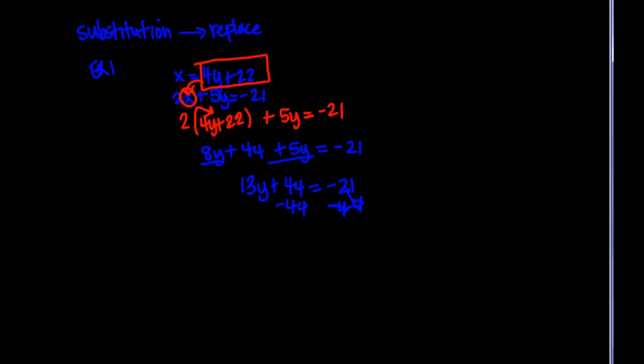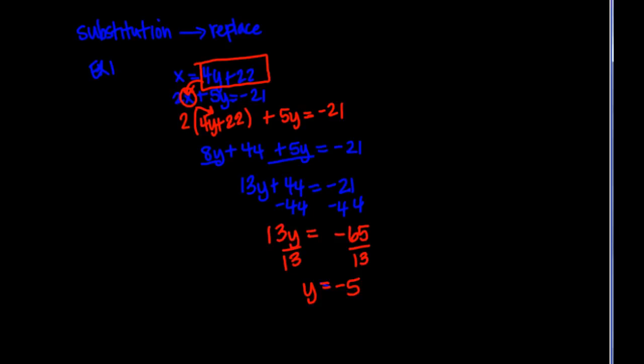And so 13y equals negative 65, and then divide by 13 on both sides. So y equals negative 5.